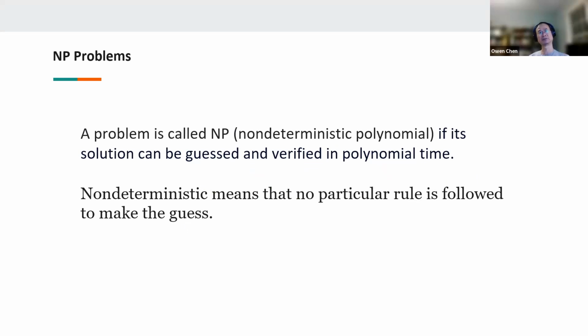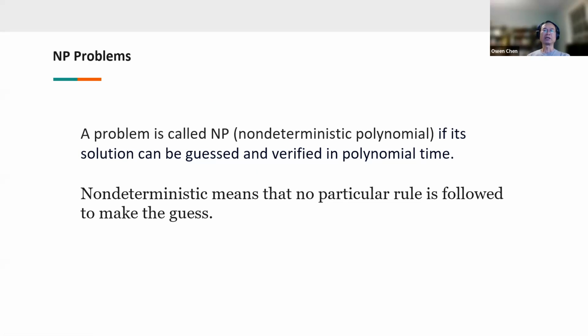So sometimes you can find it, sometimes you cannot. That is non-deterministic. Where you can always find a polynomial algorithm, the problem is just called a P problem, or polynomial problem. But if sometimes you can find polynomial and sometimes you cannot, then it becomes non-deterministic polynomial, an NP problem.